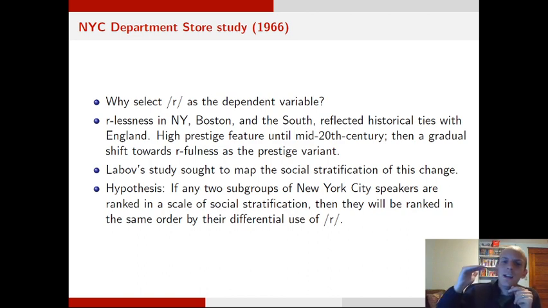People higher in socioeconomic status would use more R's, the prestige R-full dialect, where people low in socioeconomic status would drop their R's a lot and use the R-less one. That was the hypothesis he wanted to test.